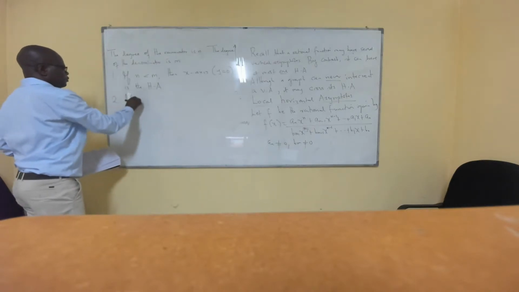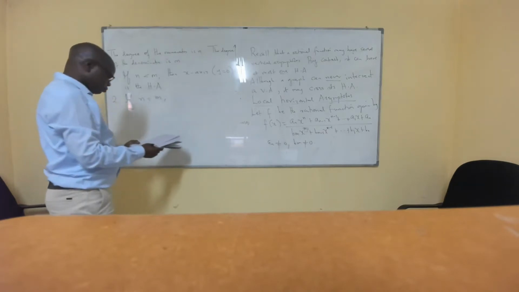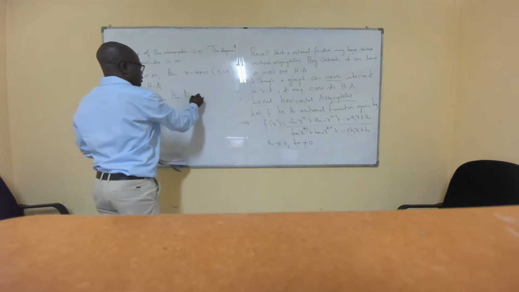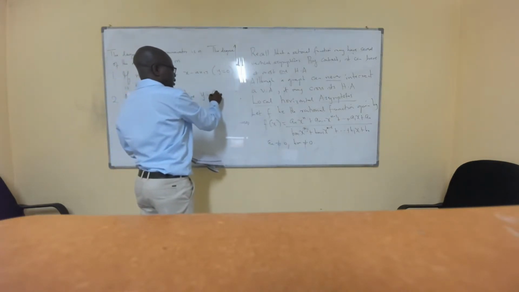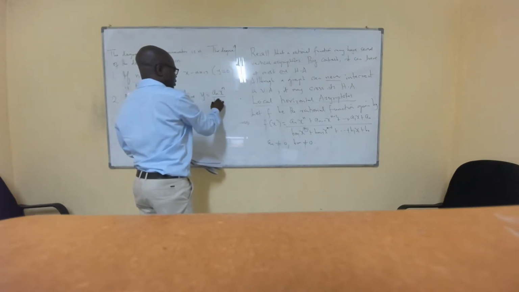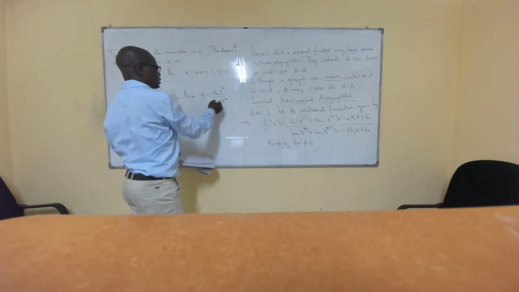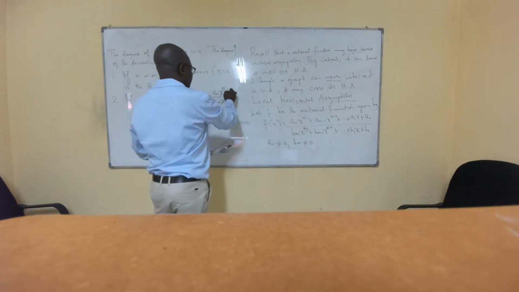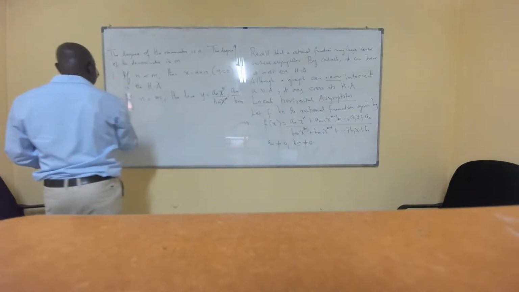Two, if n is m, the line y equals a_n x to the n over b_m x to the m. Remember, under this assumption, the powers will cancel, and you are going to have a_n over b_m as the horizontal asymptote.